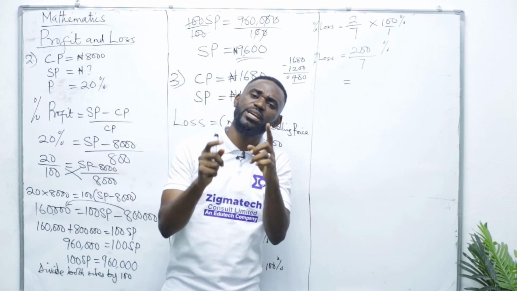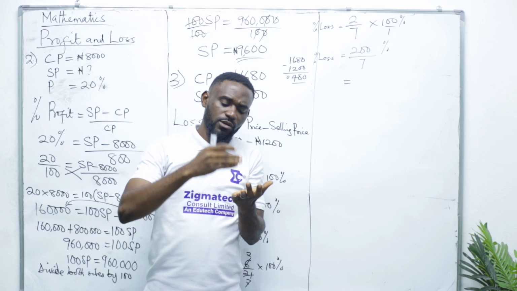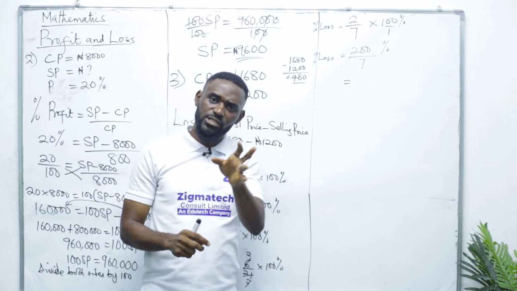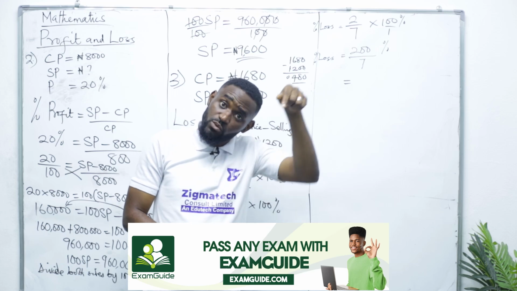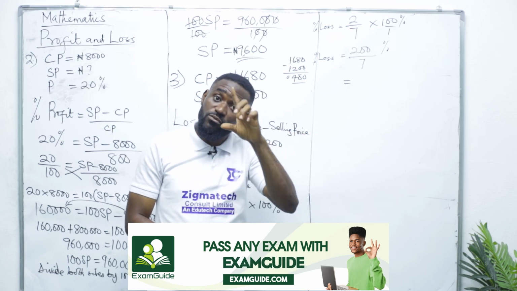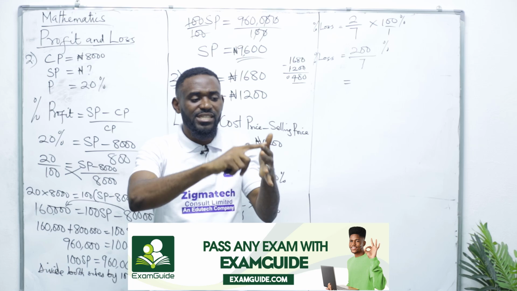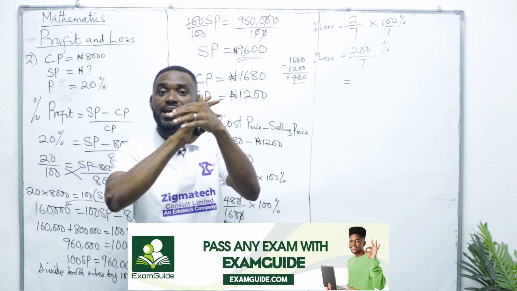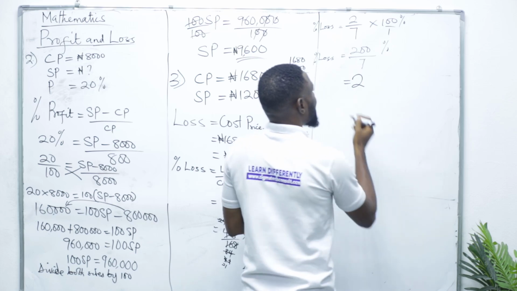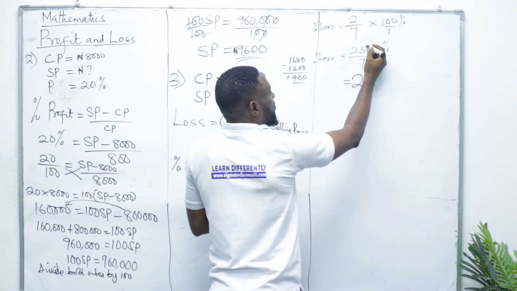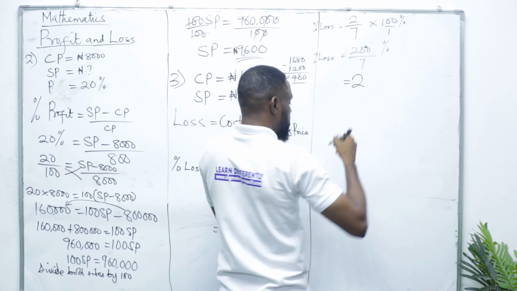From 14, there will be a remainder of 6. From 14, you count 15, 16, 17, 18, 19, 20, so 6 remainder, right? So this is 2 remainder 6. That 6, we put it where we have this 0 to become 60.